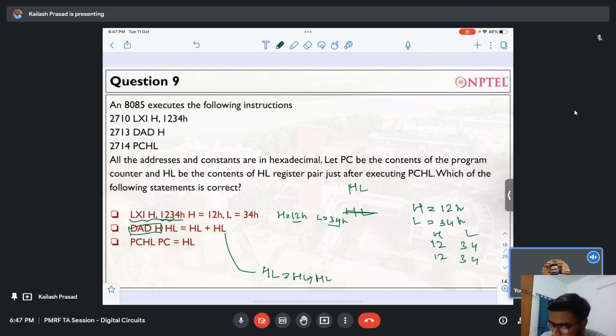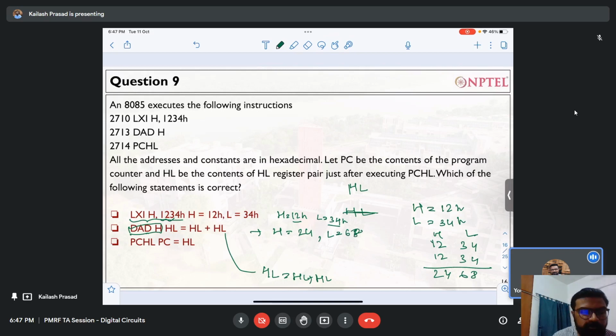This is H, this is L. The final value will be 4 plus 4 is 8, 3 plus 3 is 6, 2 plus 2 is 4, 1 plus 1 is 2. So after this step, H will be 24 and L will be 68. So HL will be 2468.